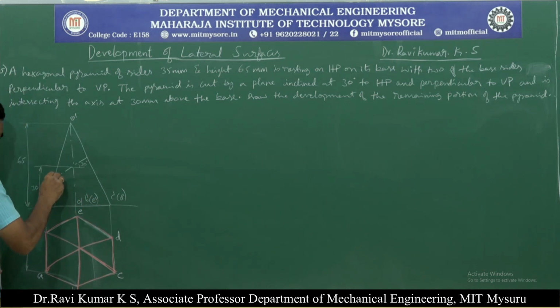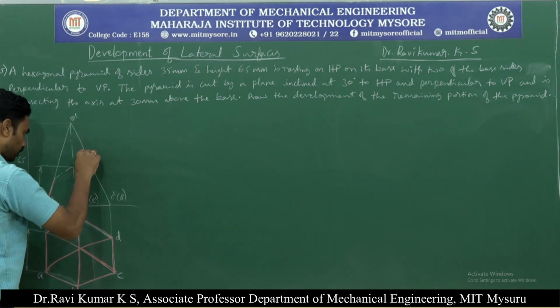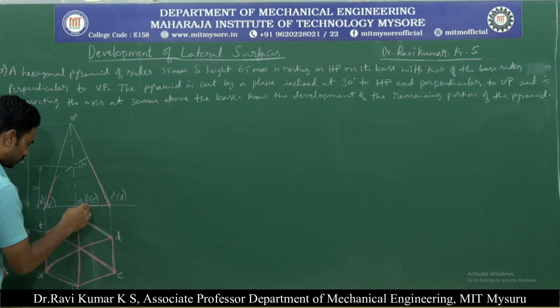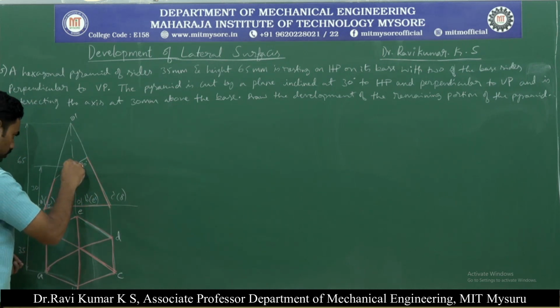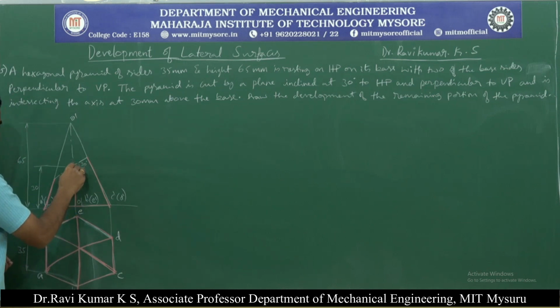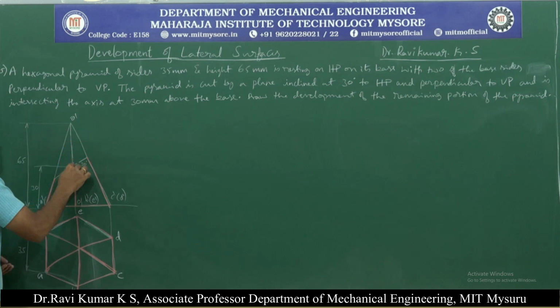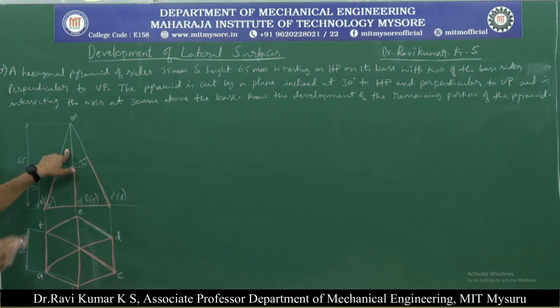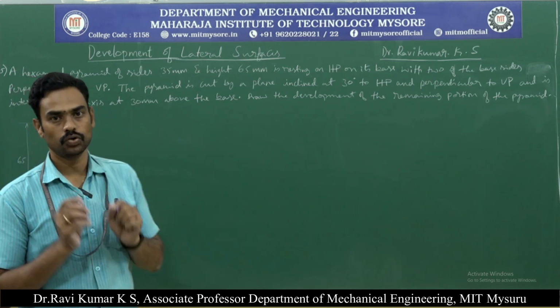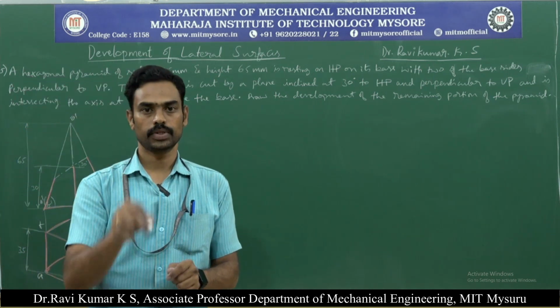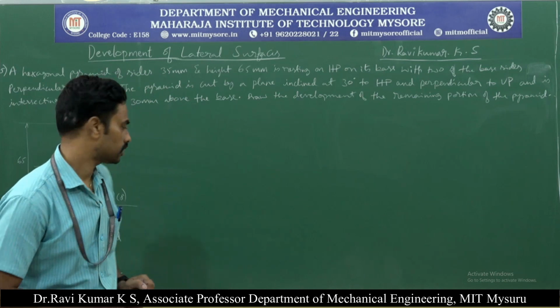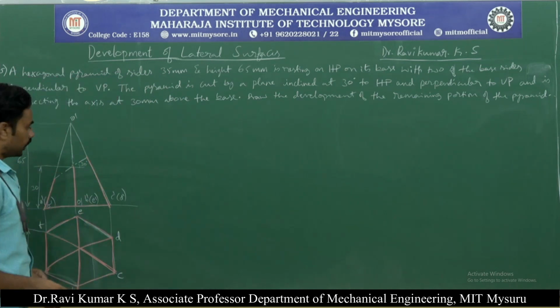Okay, and this is the retained portion. And since here the edge is overlapping with the axis, you need to represent the edge, not the axis. So this is the retained portion.